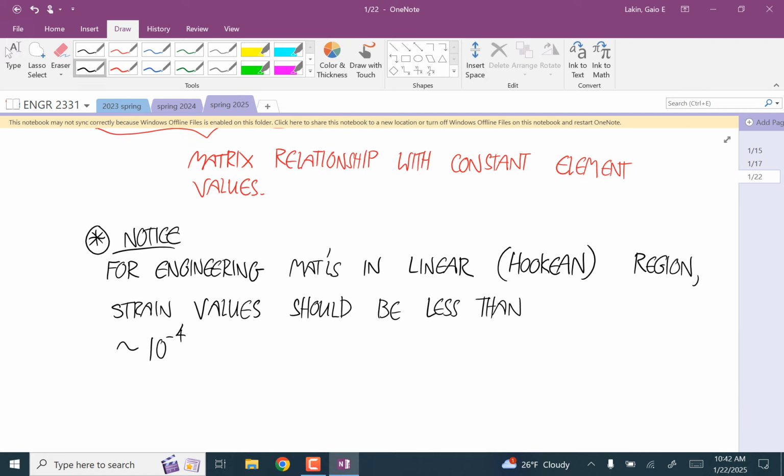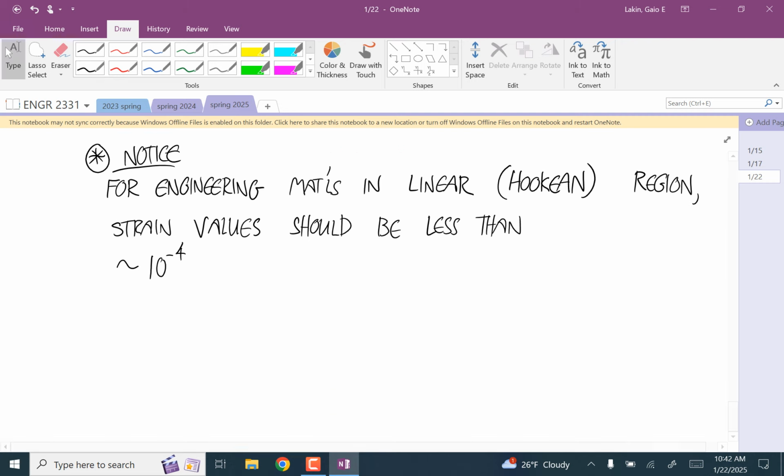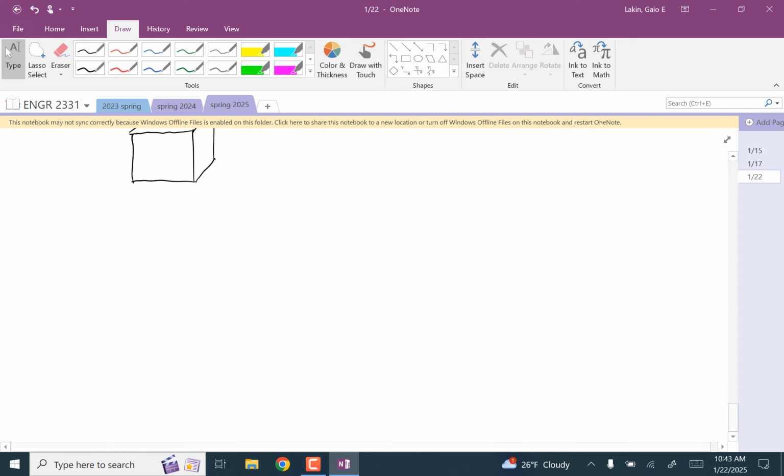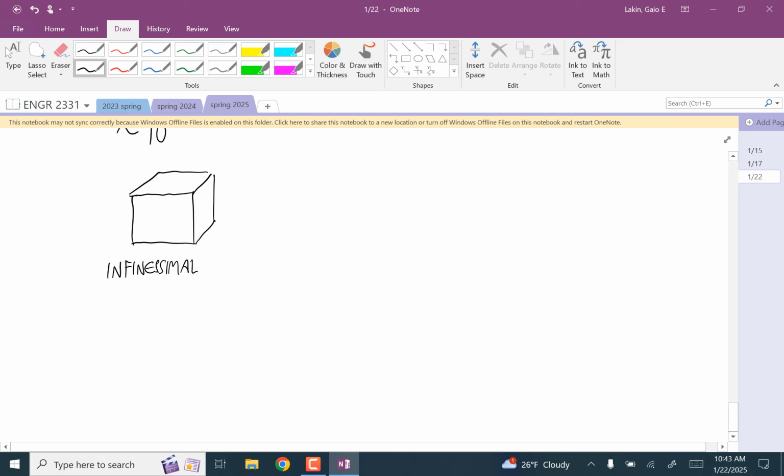Okay, so we're going to start by talking about, before I do that, here's what a deformation is. So if this is the undeformed infinitesimal cube that defines a point, so this is like the infinitesimal undeformed point.